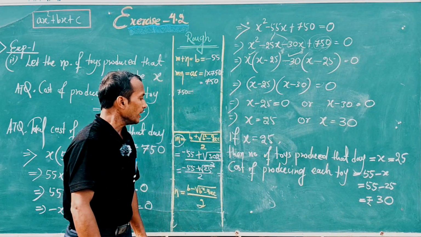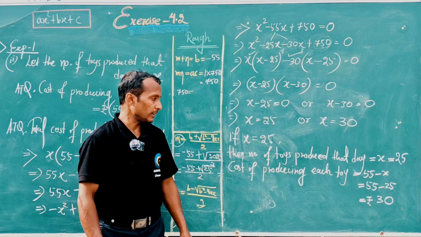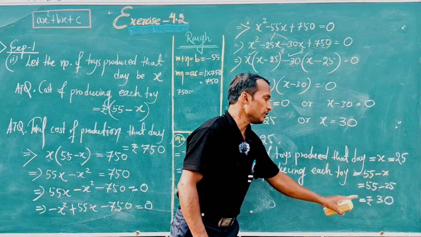So cost of producing each toy is rupees 30 if total number of toys produced on that day is 25.